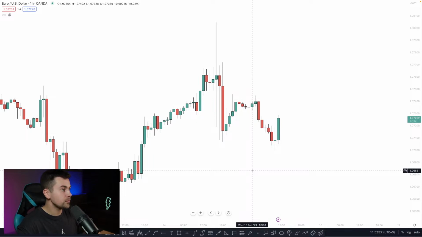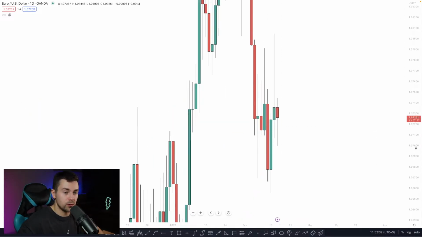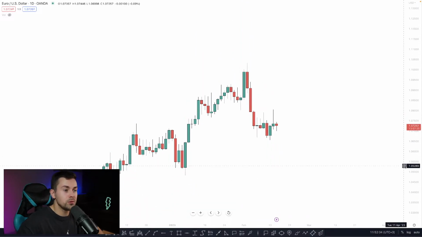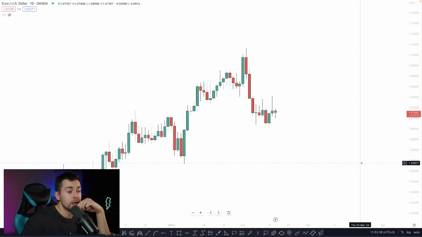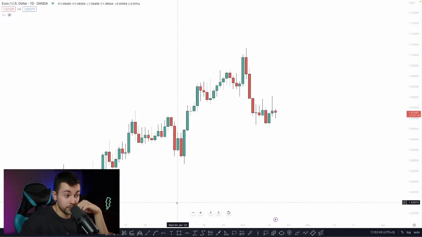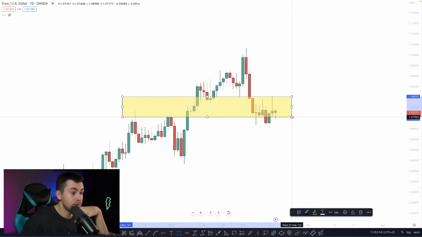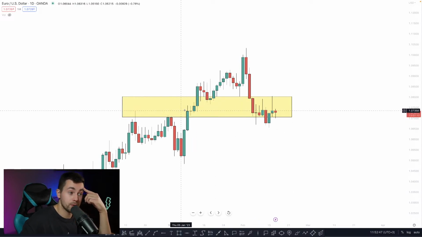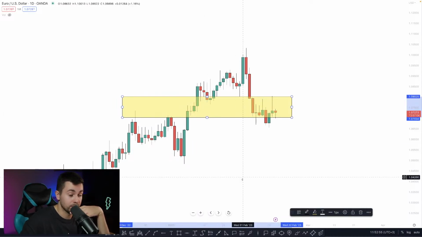So, euro dollar. Let's take a look at euro dollar. Let me show you what I see right here. Here on euro dollar, I noticed a couple of very peculiar bearish clues. First of all, over here we got a very strong zone of demand. When the market was falling, I was paying close attention to that wide demand cluster.